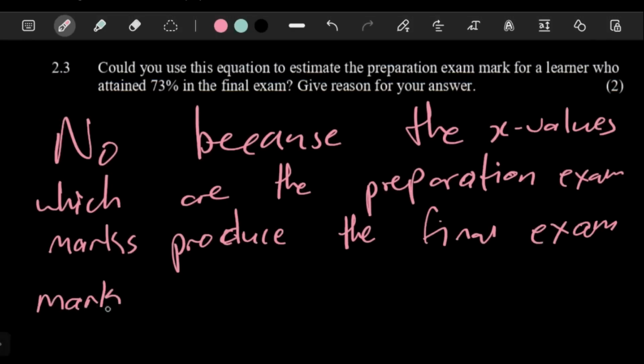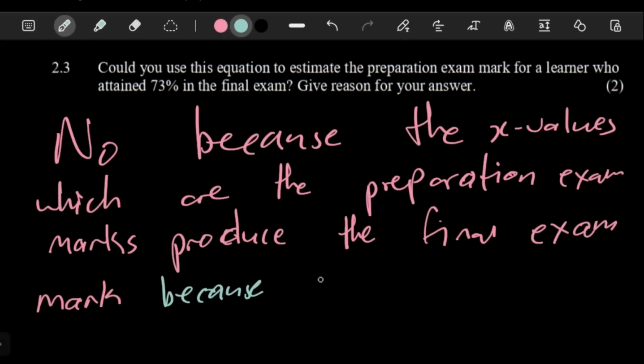There we go. Now the big idea here is the reason why the preparation exam marks produce the final exam mark is because your preparation exam marks are more like your independent variable. An independent variable is the one that produces the outcome.